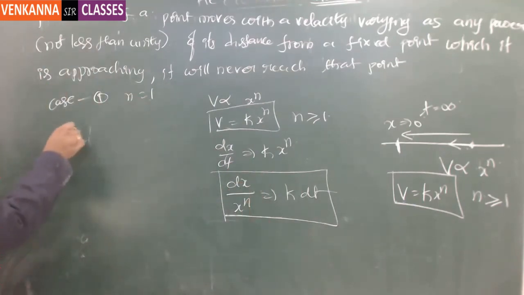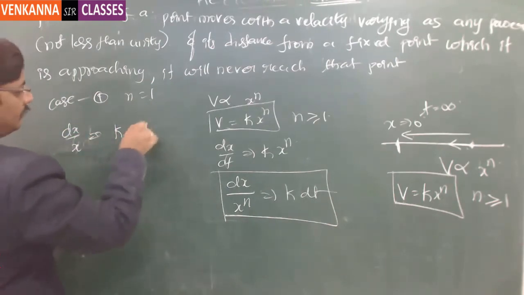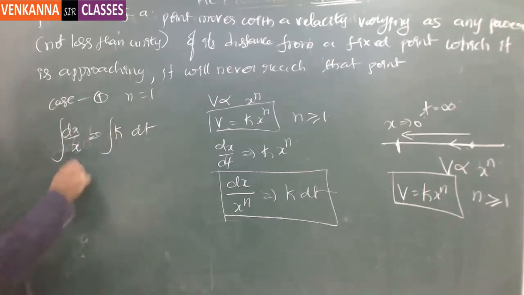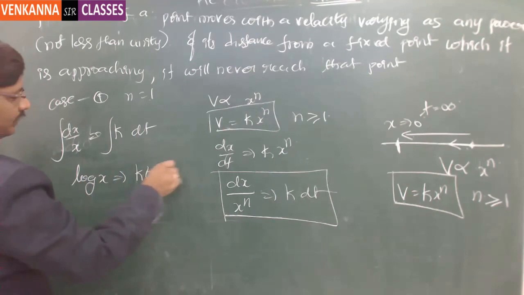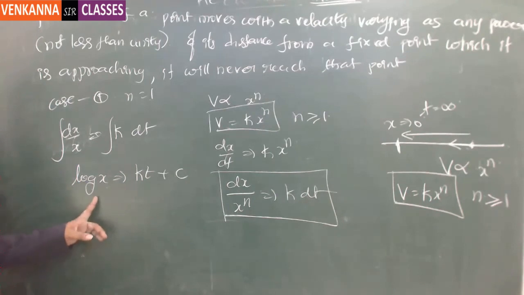Now if you integrate it, dx by x is equal to k times dt. Then if you integrate on either side, log x is equal to kt plus some constant c. Now at x is equal to 0, what is log 0?